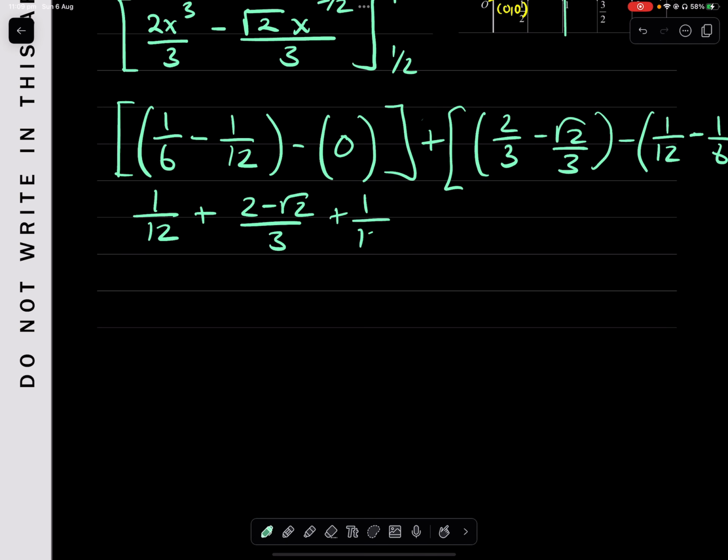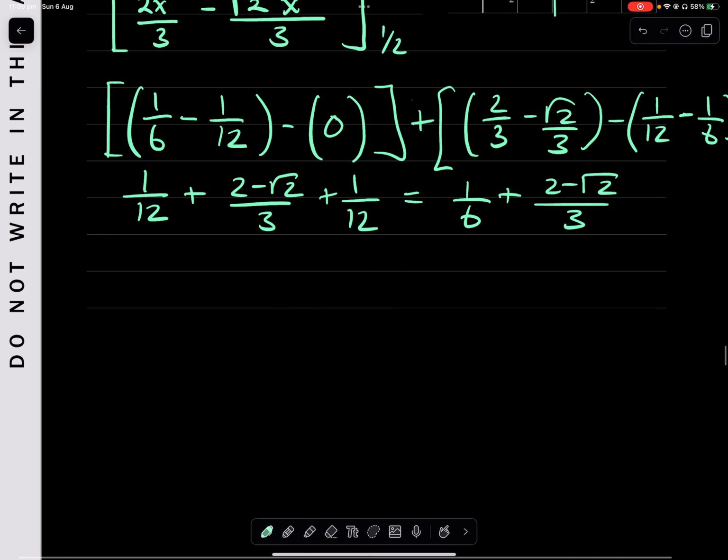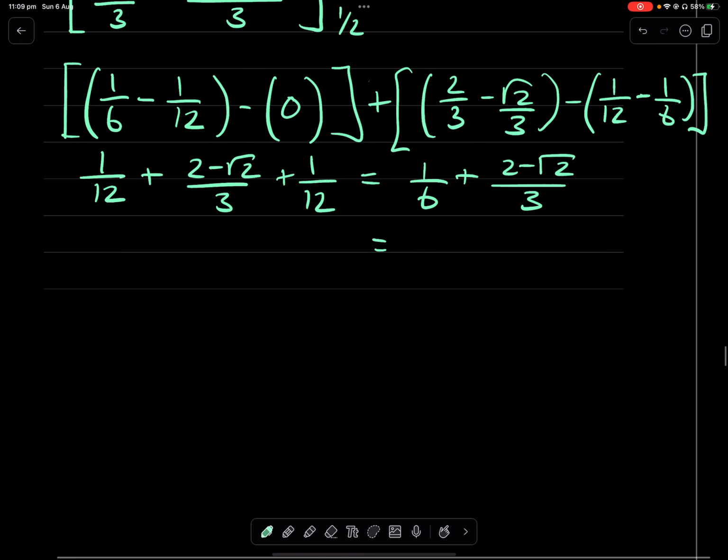Plus 1 over 12, which is 1 over 6, plus 2 minus root 2 over 3. Which is 6 here. Put a 6 over here.